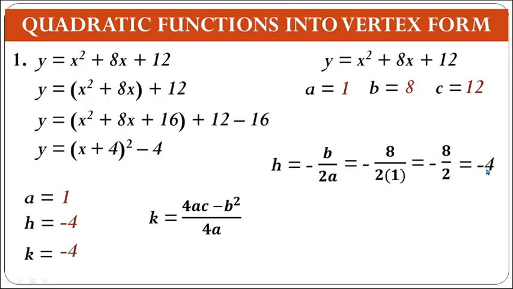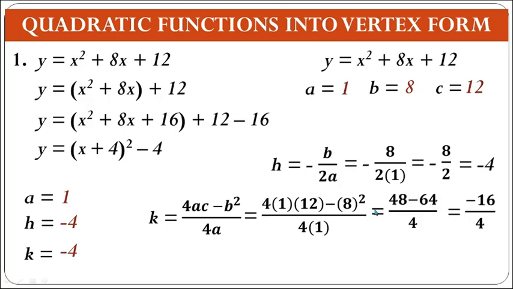For k, substitute again the values of a, b, and c and simplify. Negative 16 divided by 4 is negative 4. So our h is negative 4 and our k is negative 4. As you can see, they are the same.